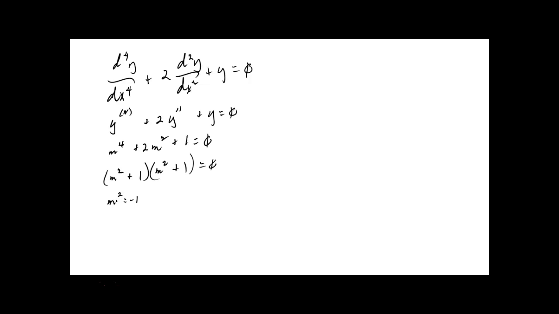You do the square root. m equals i. And if you write it as i squared, that would work. And this also gives you m squared equals minus 1. So m, again, is plus or minus i.